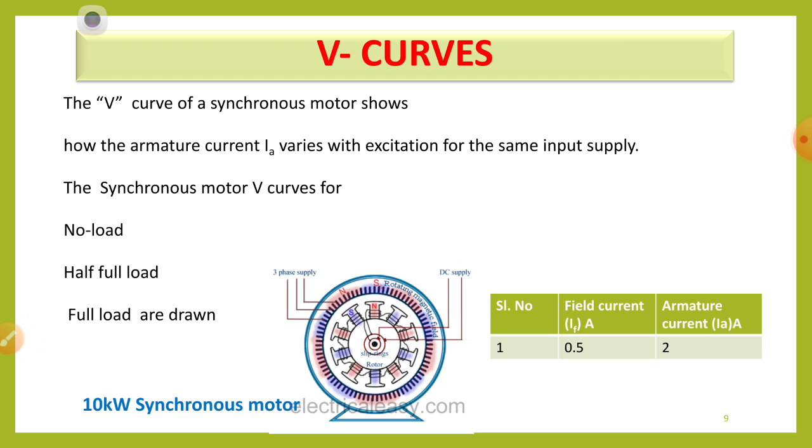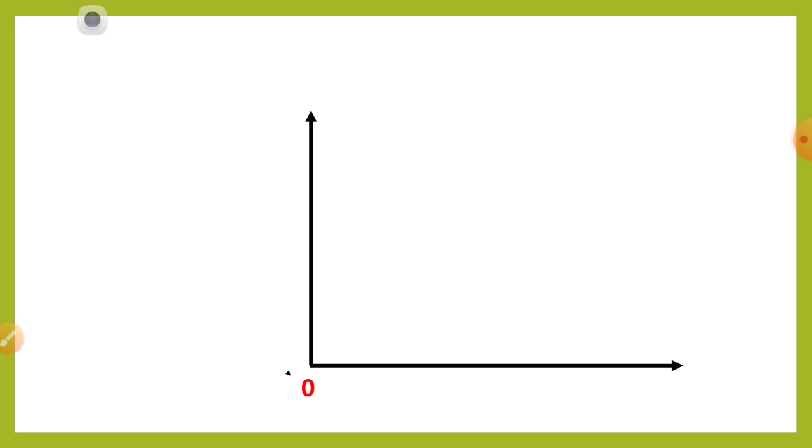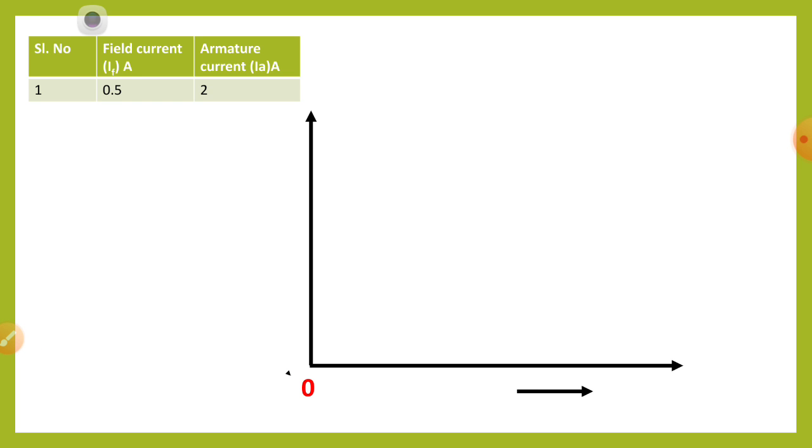After taking these tables, we are going to draw the V curves. Take the x axis as field current and the y axis as armature current, first for the no load condition. Now take the first point and go on placing the points.